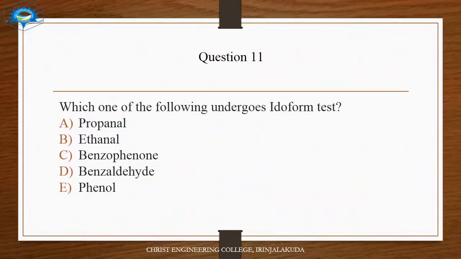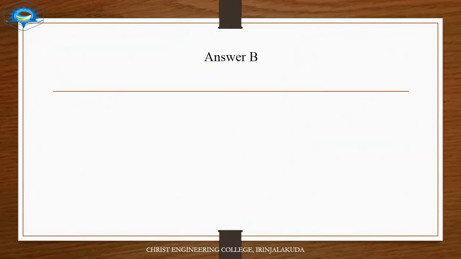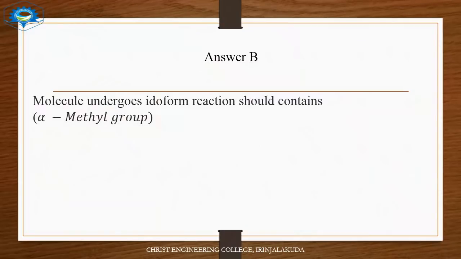Question number 11. Which one of the following undergoes the iodoform test? Option A propanol, option B ethanol, option C benzophenol, option D benzaldehyde, option E phenol. The answer is B. How do we reach this answer? A molecule that undergoes the iodoform reaction must contain an alpha methyl group. What is an alpha methyl group? That is the C=O CH3 group.